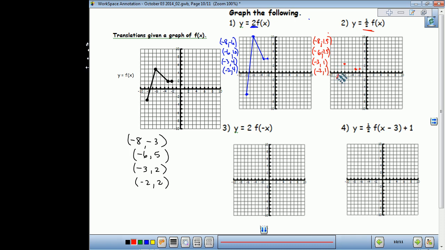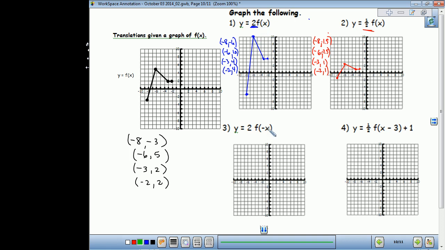Okay, so this is my vertical compression. Compressed it vertically.